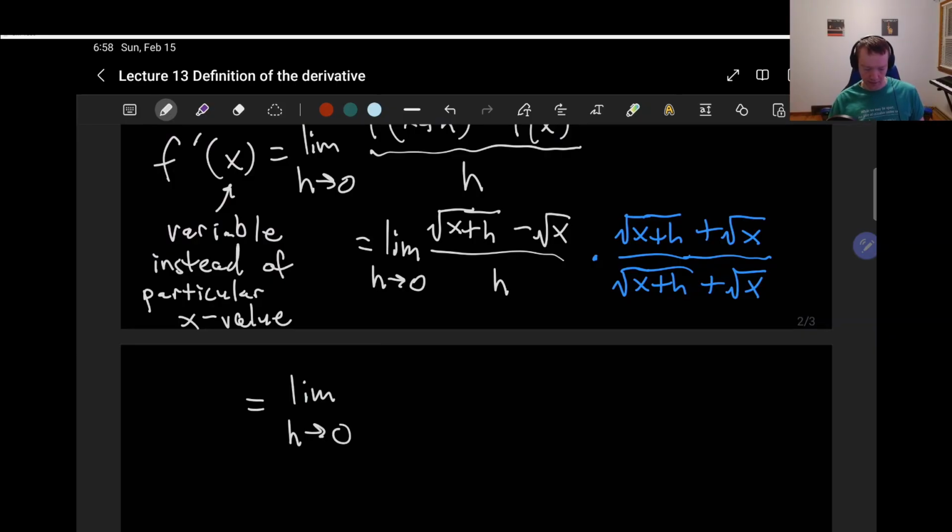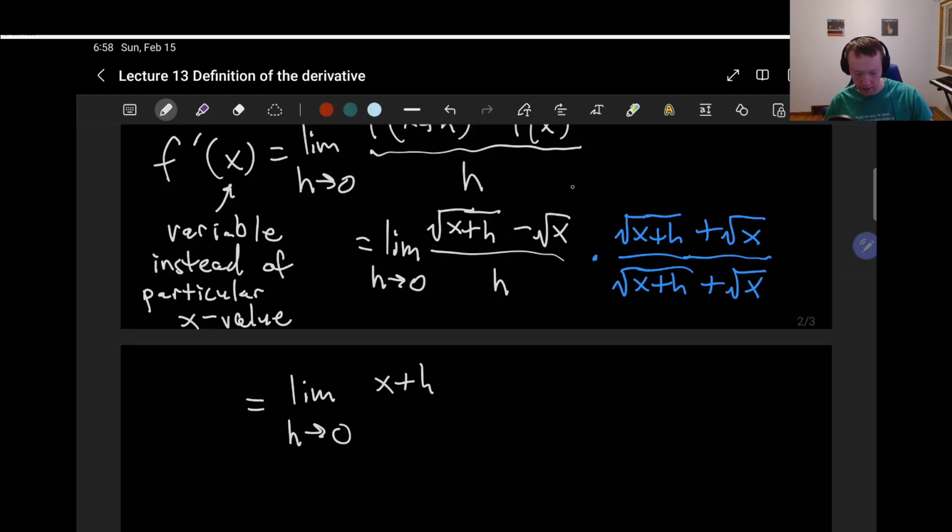Okay. So when we multiply the numerator by the conjugate, you FOIL, and I'm going to save a little time. It ends up being the square root of x plus h squared. So square root disappears. The outer and inner terms of the FOIL, they cancel out because you have the minus and the plus over here.